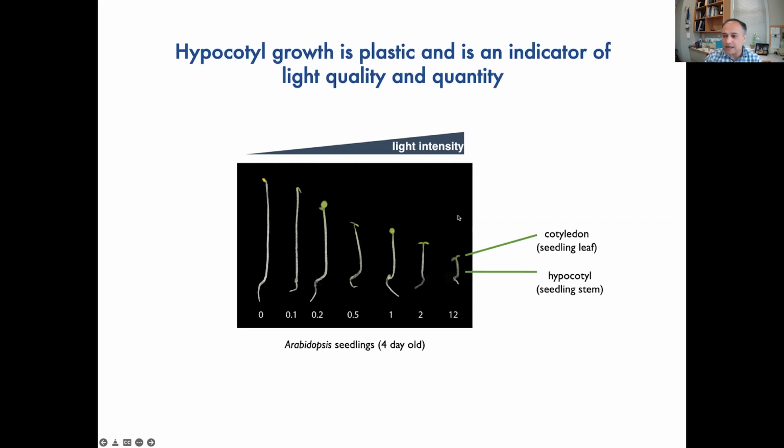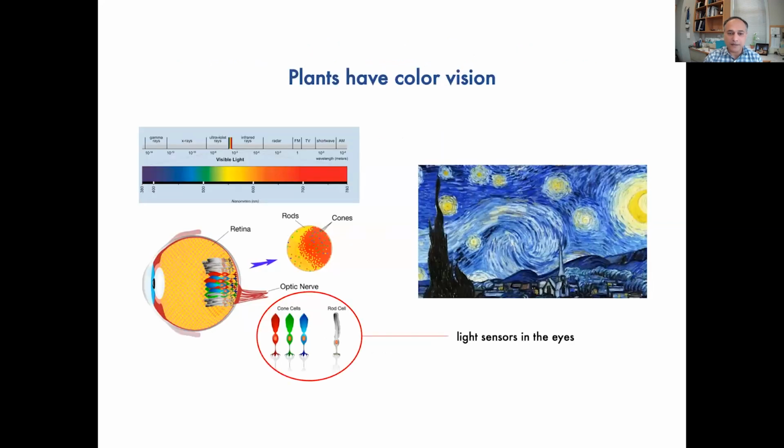So this is a great quantitative measurement for us in the lab, and we can ask a lot of questions based on this very simple readout, okay? Basically you can see how light intensity influences stem growth. So this is a very reproducible phenomenon that we can observe in plants in response to light.